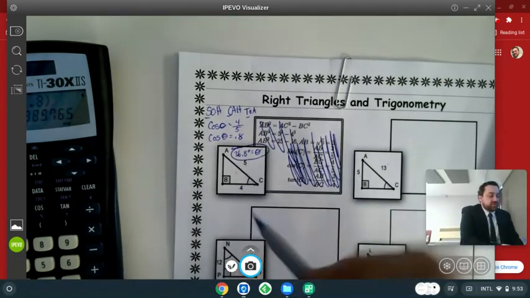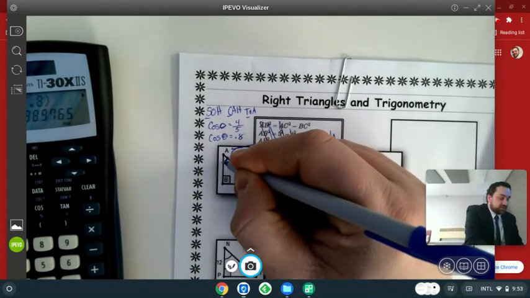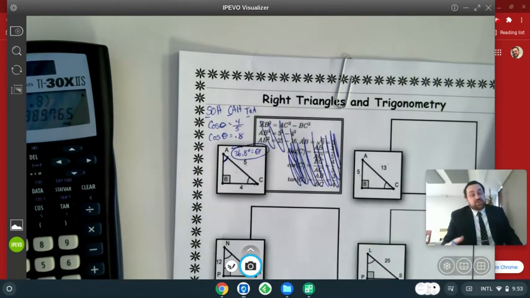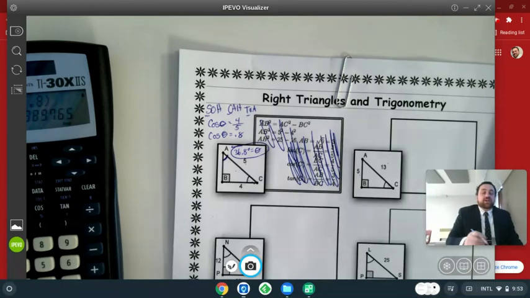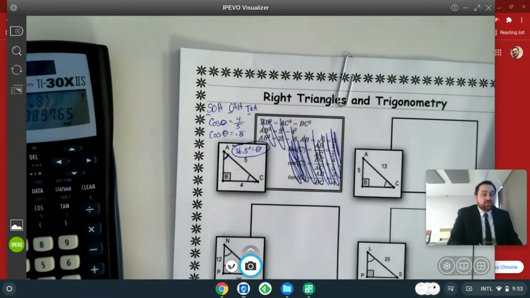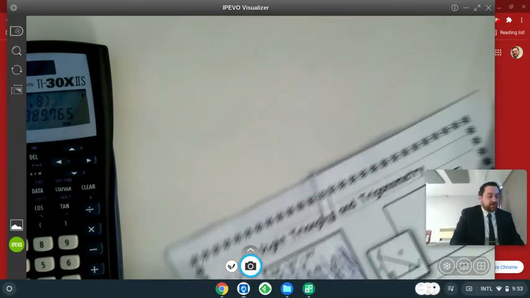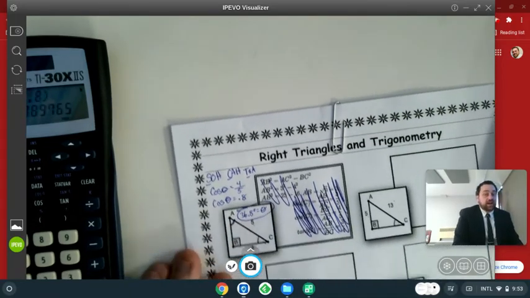Now, if I were to do this again with a different inverse trig function and find this angle, you don't need to do that on here, but if you want to check on just one or two of them, try it again with the opposite and the hypotenuse. So that's the sine this time.